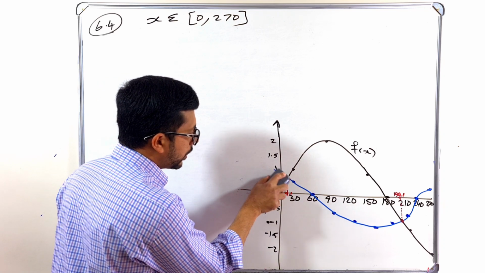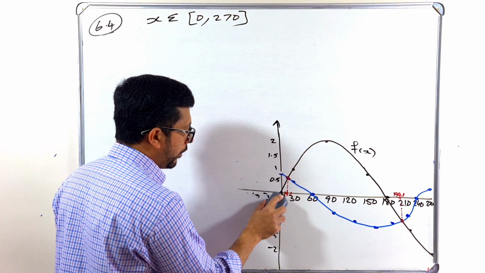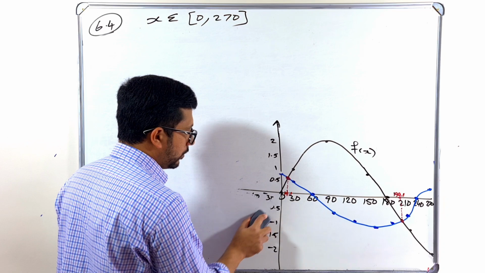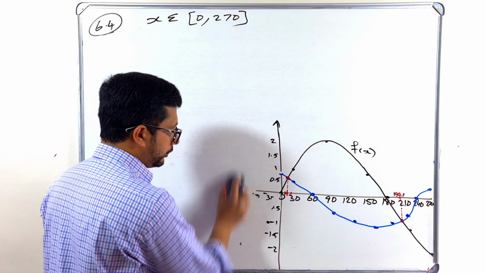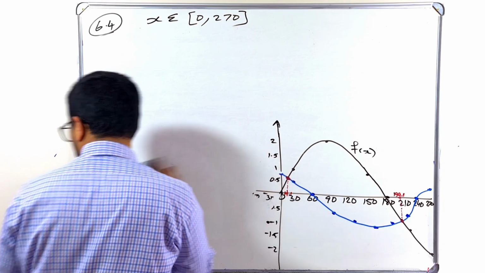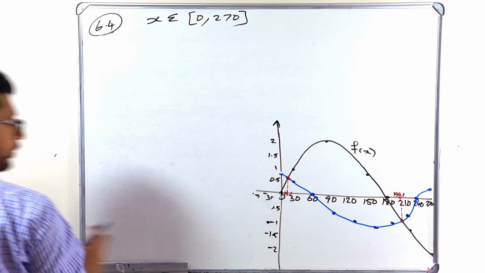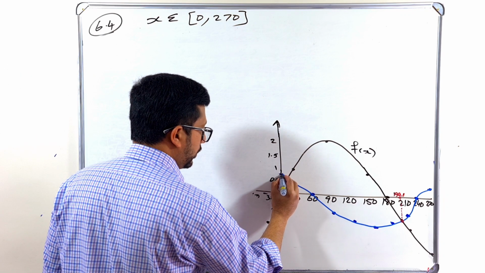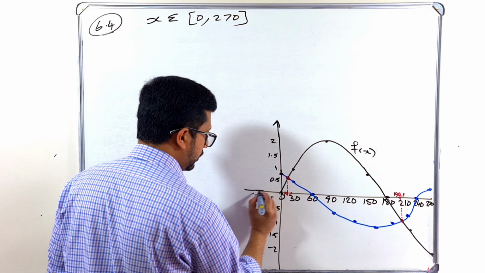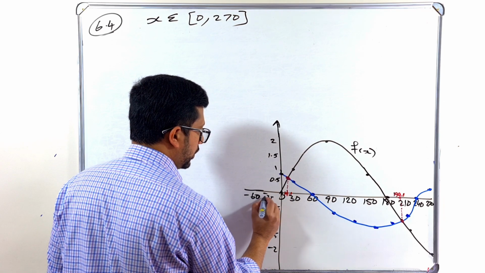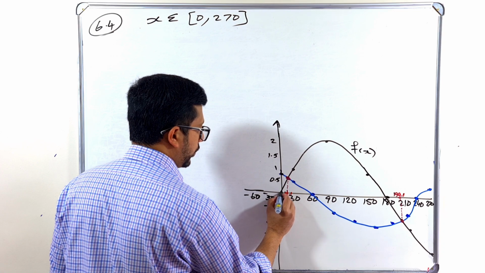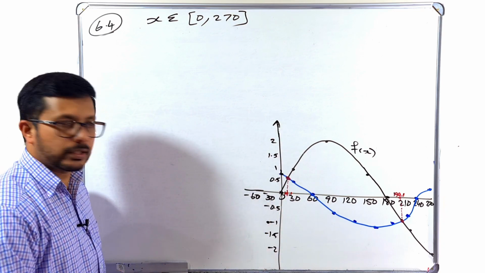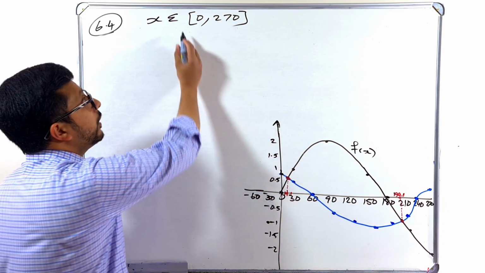That means this part is not in this question. In this question that part is not there. So here it is minus 60, minus 30, minus 0.5, and it is ending here like this, 0 to 270.